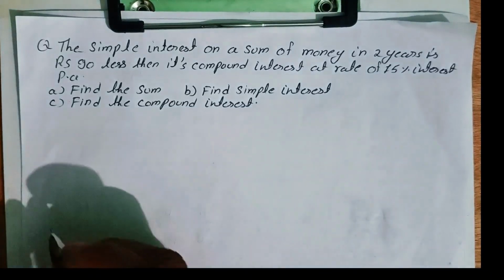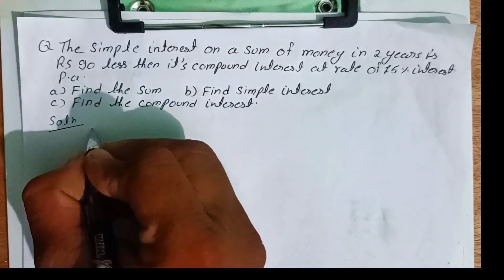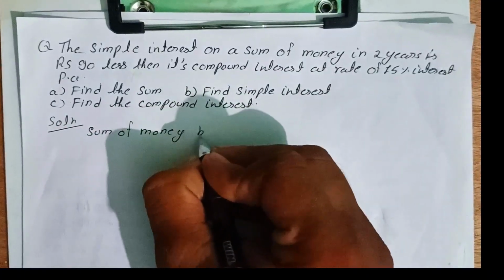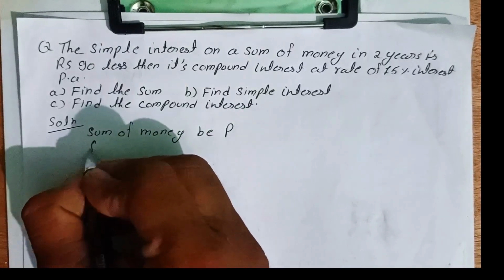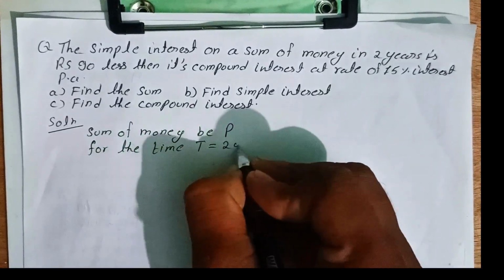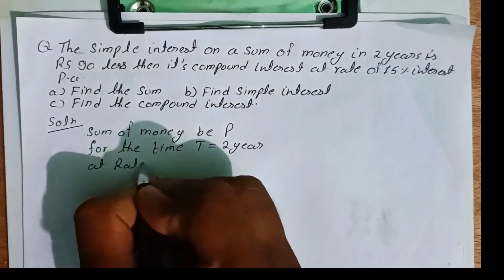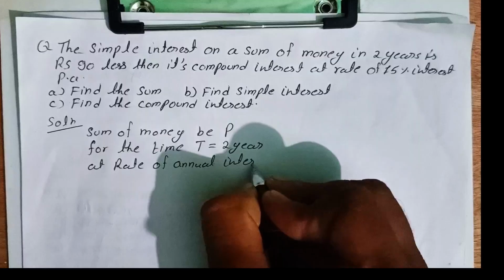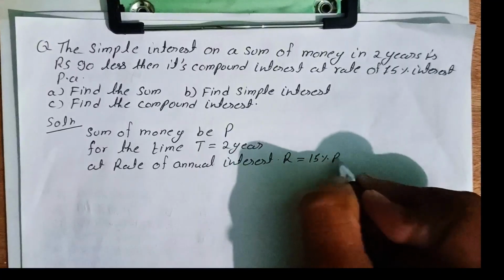So let's begin our solution. We suppose the sum of money be P for the time t equal to 2 years at an annual interest rate equal to 15% per annum.